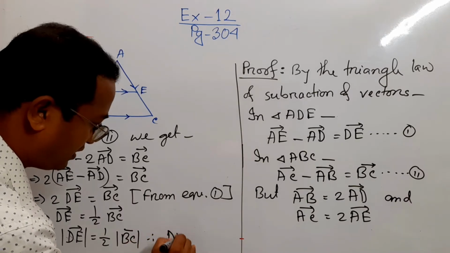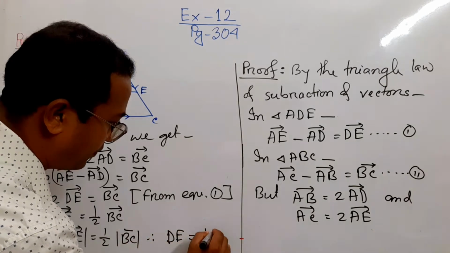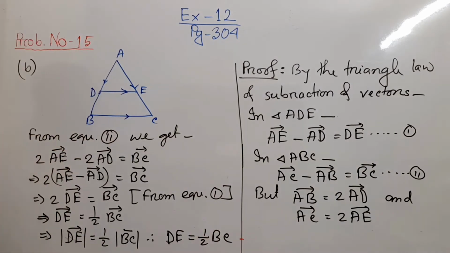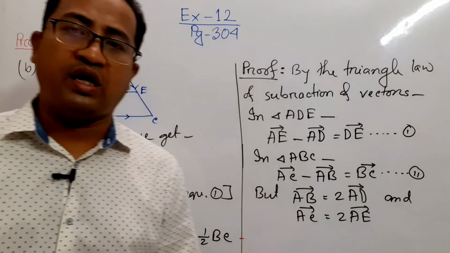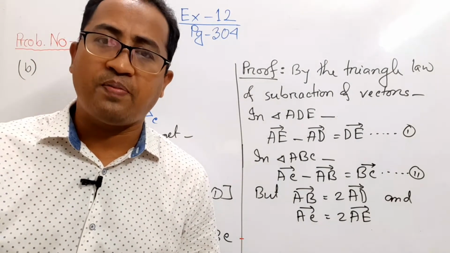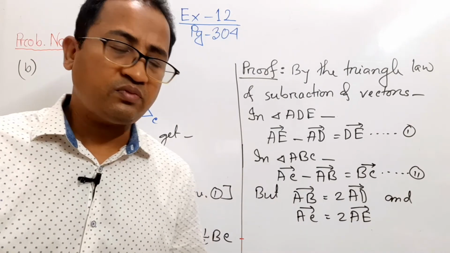Therefore, DE is equal to half of BC. So in the first portion we have proved that DE is equal to half of BC.